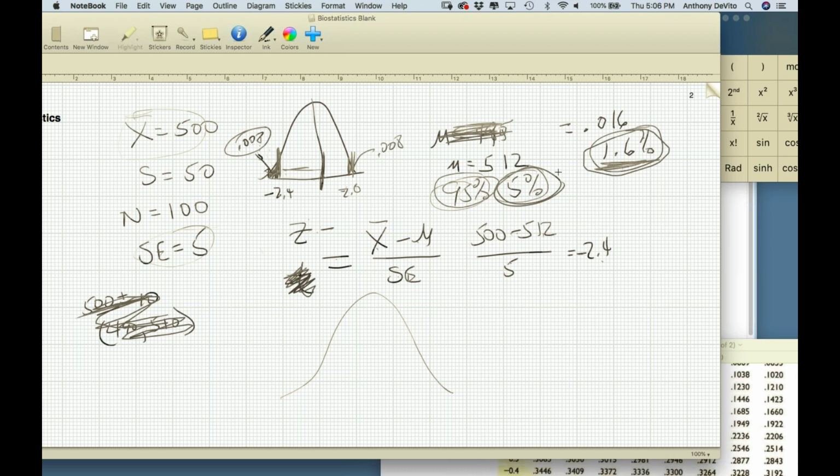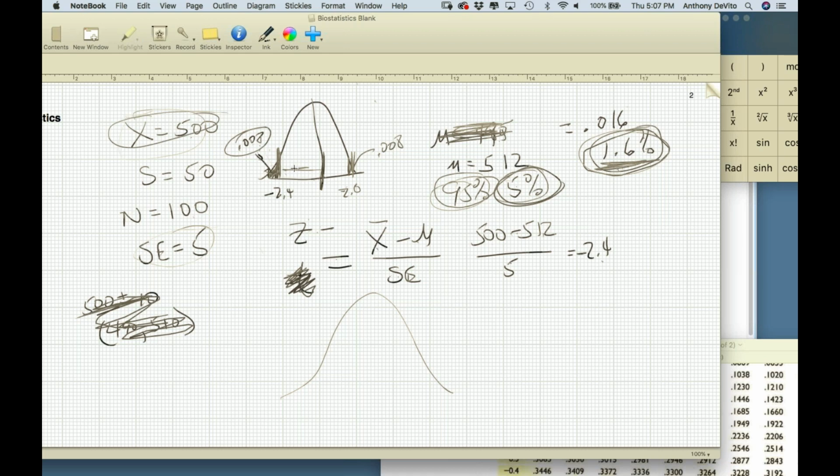In other words, it's so unlikely that I would get this sample with this big a difference. If the population had a mean of 510, then given the sample size and the variability, only 1.6% of the time would I get a sample so far away from that mean.